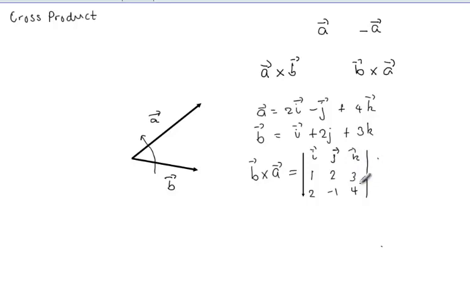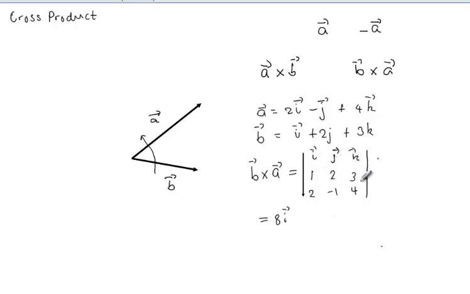Okay. Now, this determinant is something we know how to calculate. I'm not going to prescribe which method you want to use, but I'm going to use what I feel is the quickest. It's 8i. I'm not going to ask what is 2 times 4. So we know that's a product, so it's 8i here.